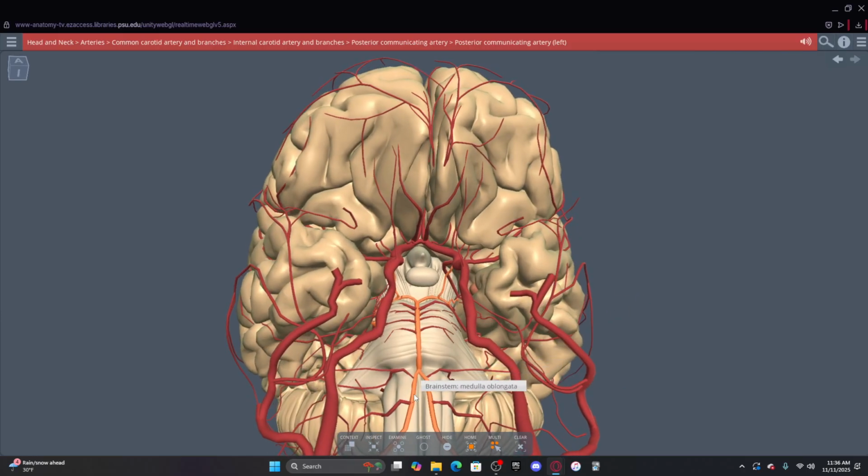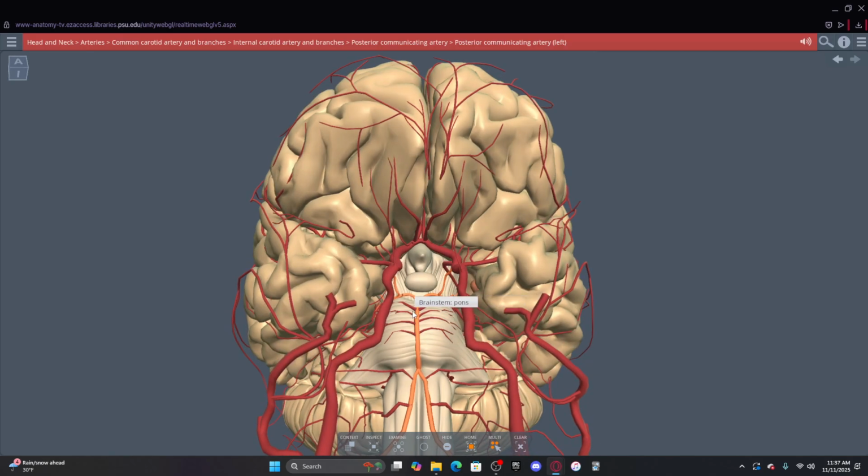Right, so vertebral, right and left to basilar, and then we go from our basilar to our right and our left posterior cerebral, to our posterior communicating. So vertebral, basilar, posterior cerebral to posterior communicating.